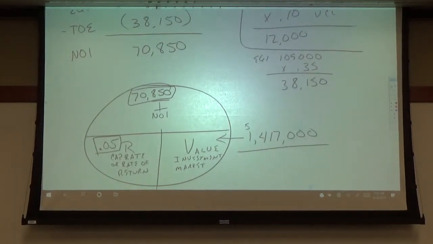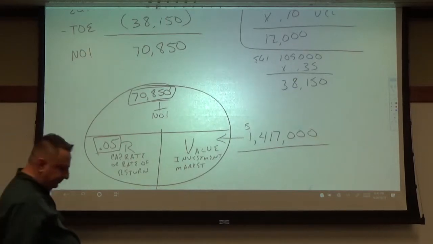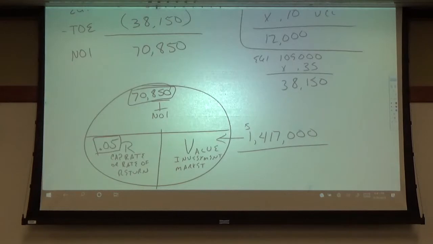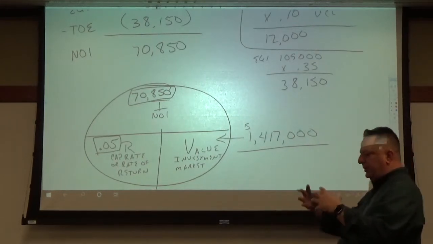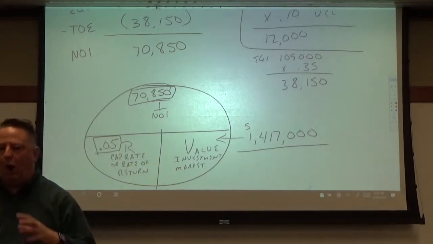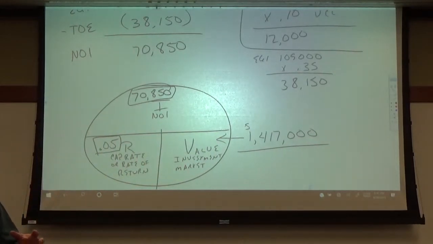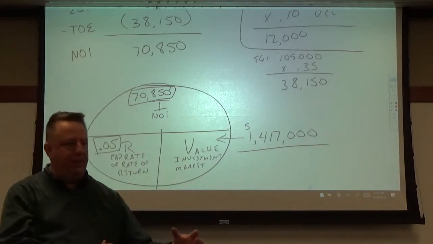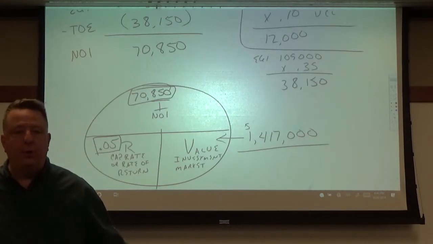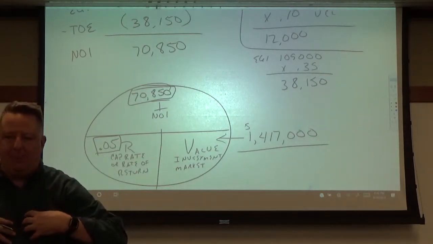Now, the cap rate. Let's talk about what that is and what it represents. As I mentioned, the full term is capitalization rate. What it really embodies is the rate of return on an annual basis that this investment would need to generate in order to attract capital to it.